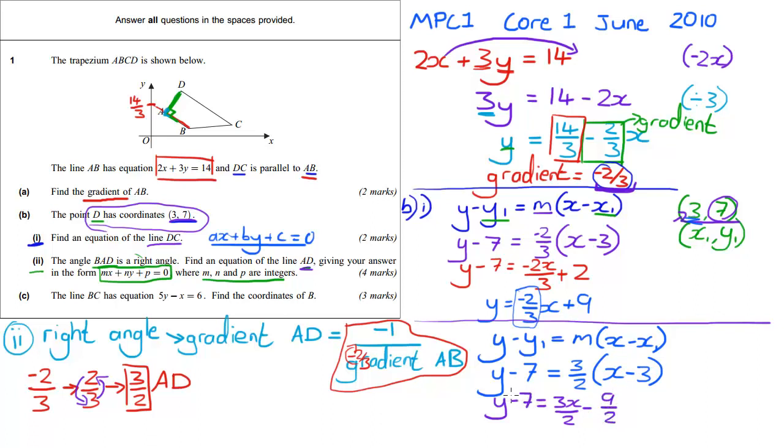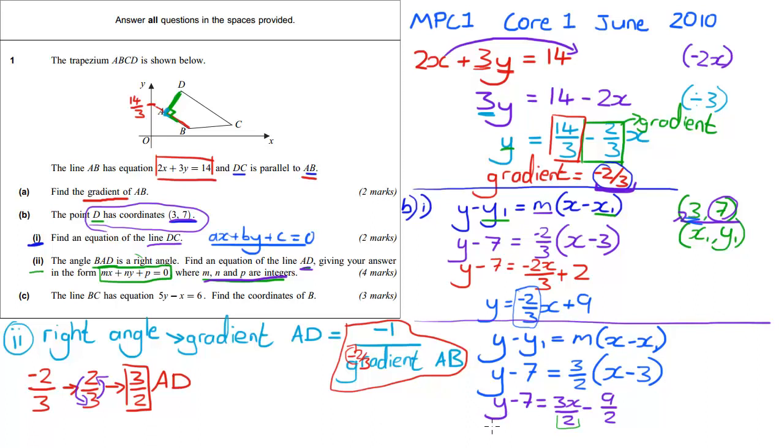So now we have to get it in a form with integers in it. They've asked for integers, and they've asked for everything to be on the left hand side with a 0 on the right. You can do it a number of ways, but what I suggest we do is times everything by 2 to get rid of these fractions on the bottom. I'm going to run out of space here, but never mind.